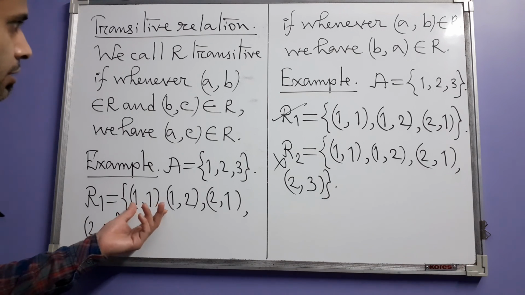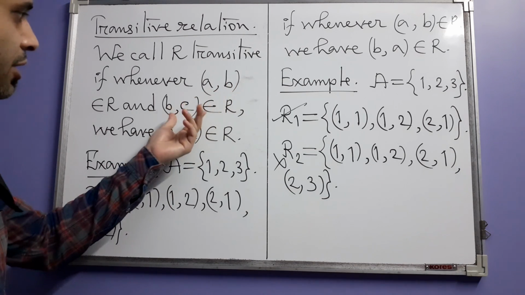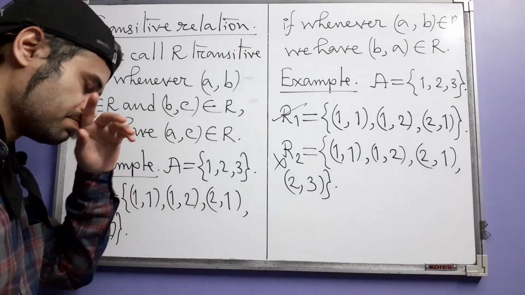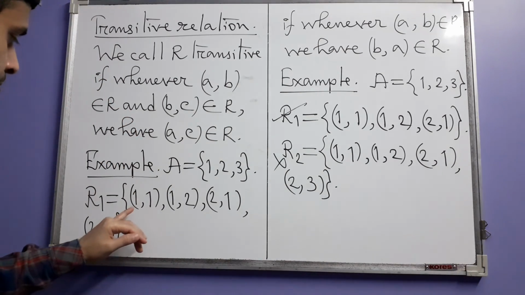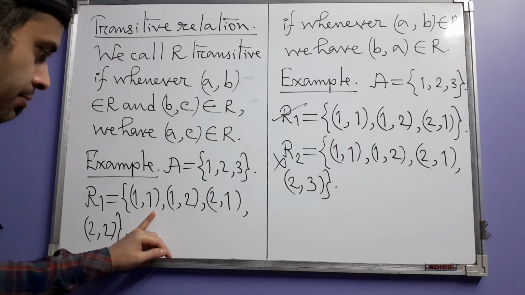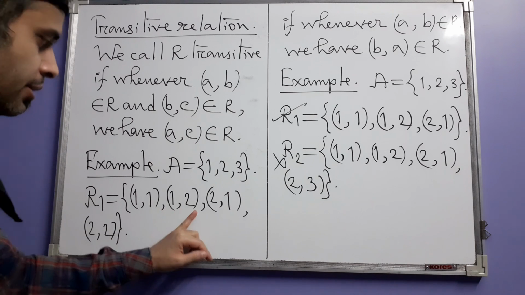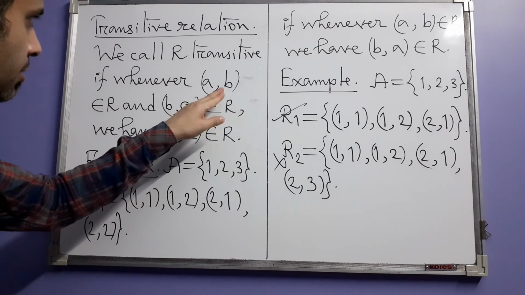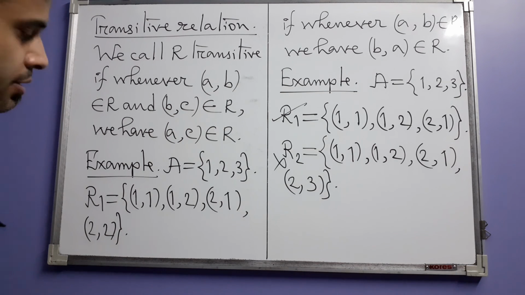Okay, what I mean, in place of a comma b and b comma c, if you take 1 comma 1, then you can take 1 comma 2, because this and this should be the same.